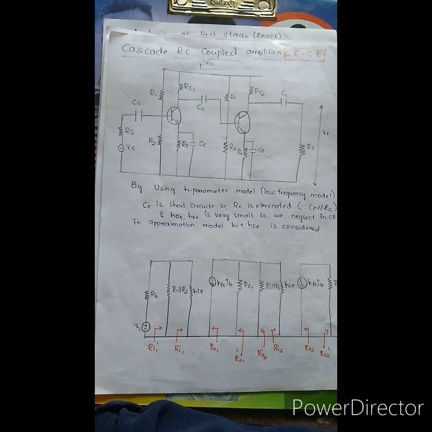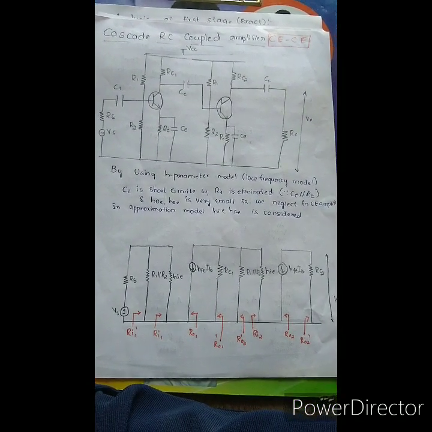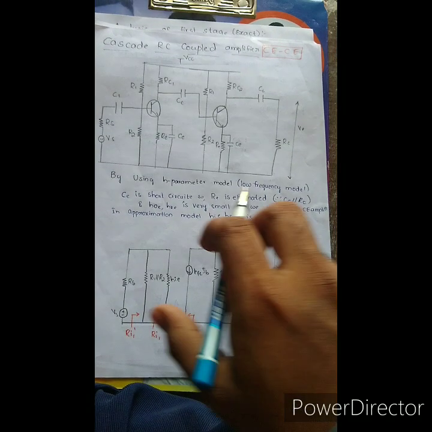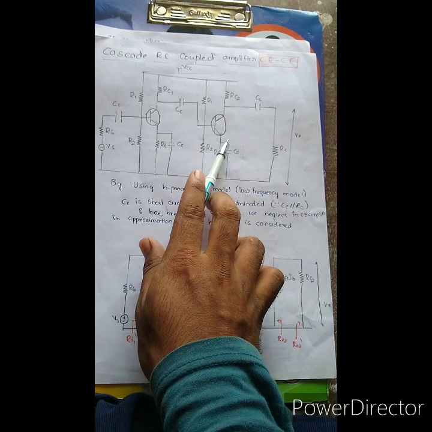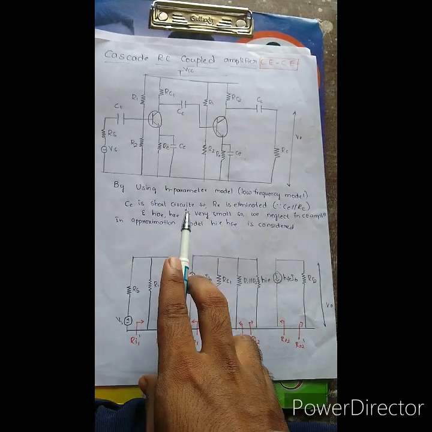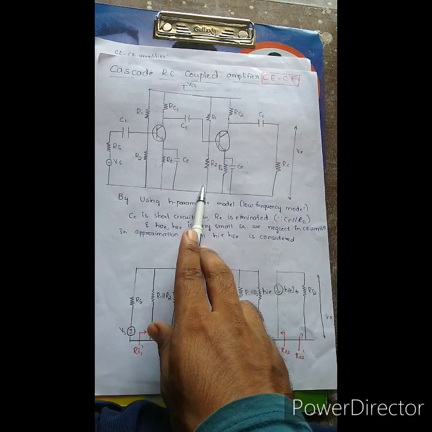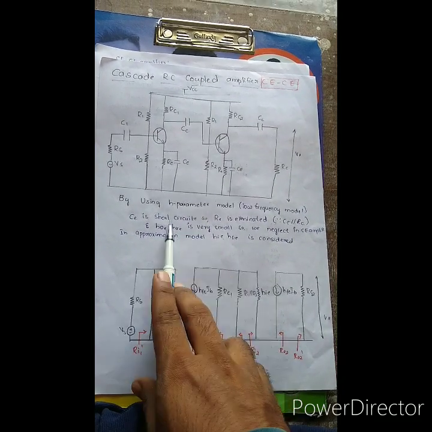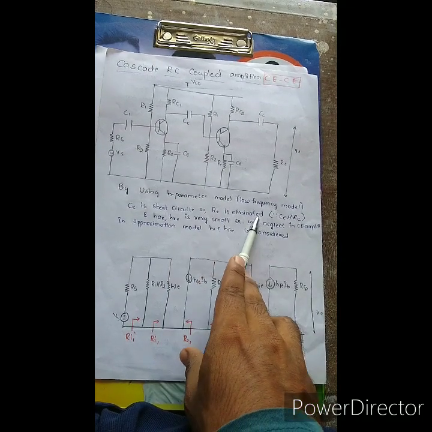First topic is the cascade RC coupled amplifier. It is the CE-CE model, a CE amplifier connected to another CE amplifier. In this we have already seen frequency gain in the coupling schemes. Now we shall see the input impedances, output impedances and gains by using the H parameter model, that is nothing but the low frequency model.